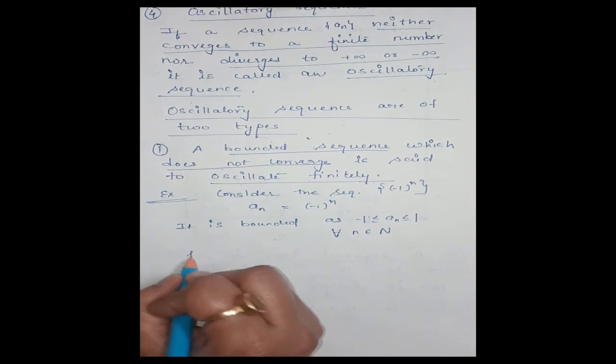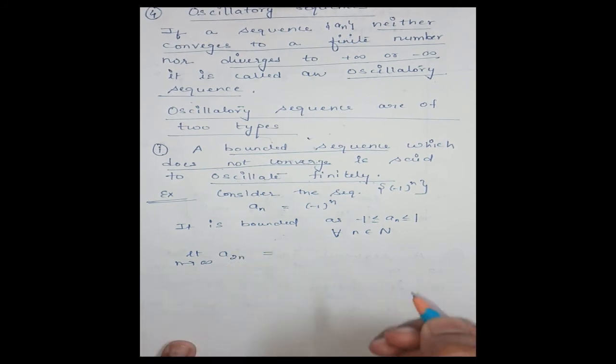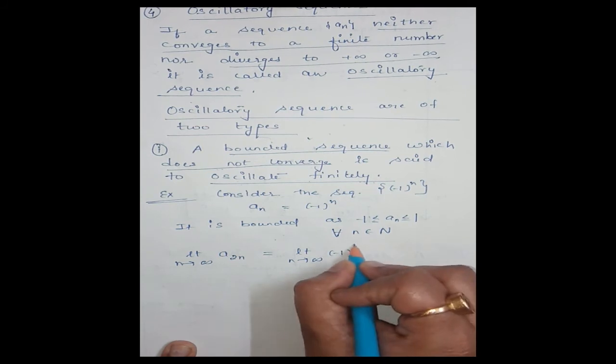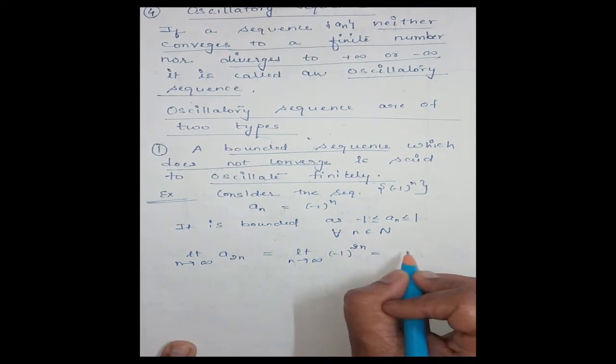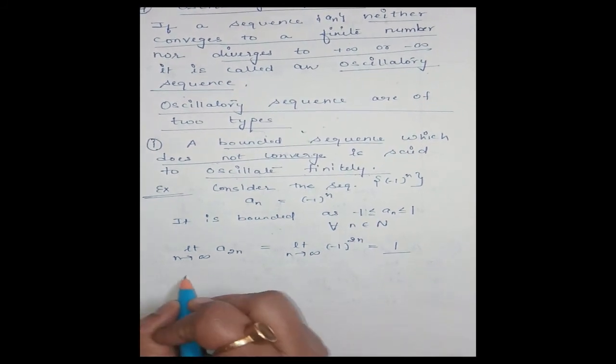Now the limit as n tends to infinity of a_{2n} is the limit of (-1)^{2n}, that is 1, positive 1.